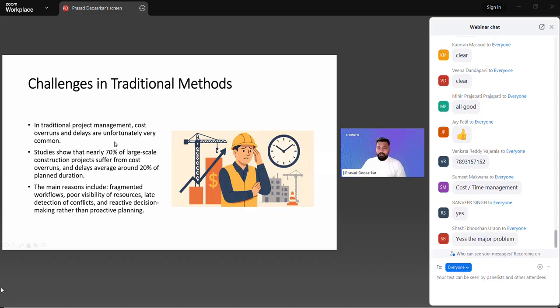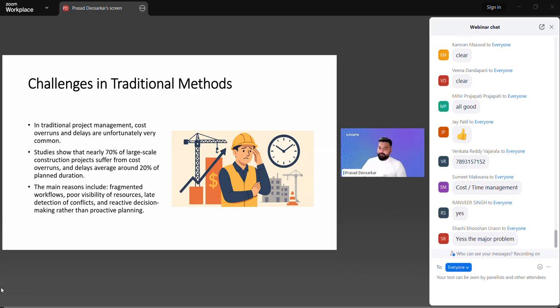Okay. Now, what are the main reasons, if we were to pinpoint one by one these particular delays and cost overruns? First one will be the fragmented workflows. Okay. What I mean by fragmented workflows is everyone works in their own way, with their own team, in their own manner.